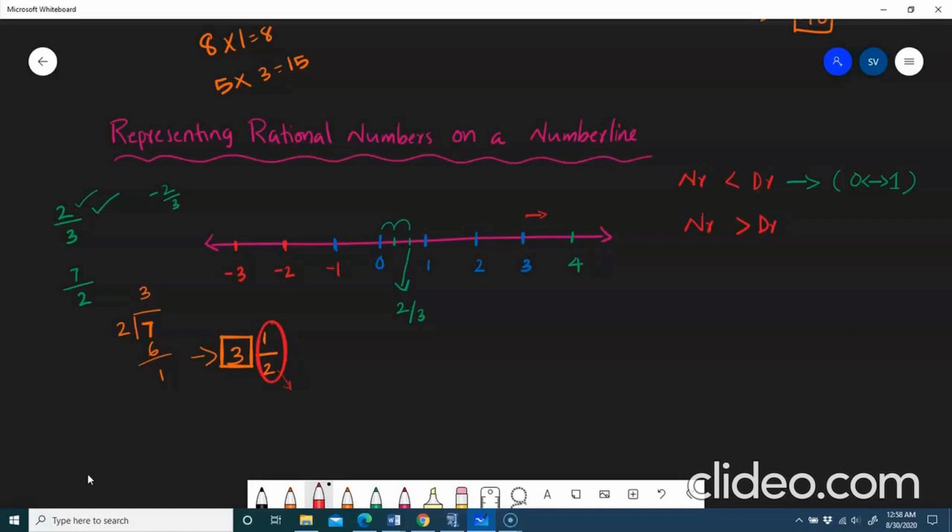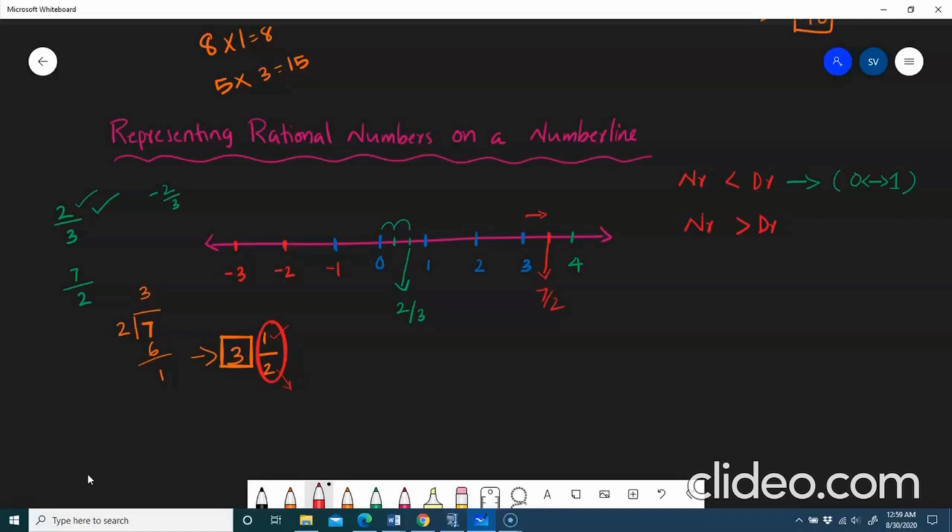So 2 parts. Split this section into 2 parts. So it's 1 by 2, approximately. So our fraction is 1 over 2. So 1 after 3, your number is here. This is the position of 3 and 1 by 2, or 7 by 2. This is the way you can plot numbers on a number line.